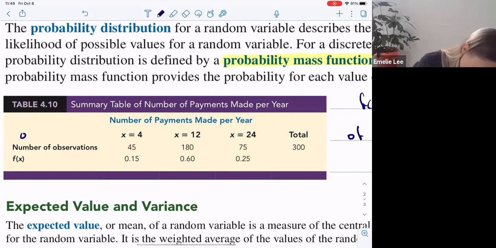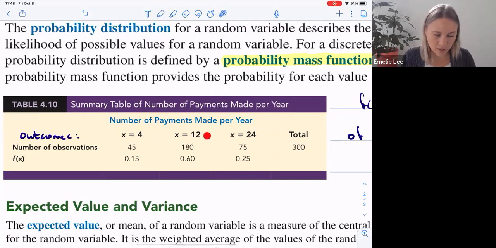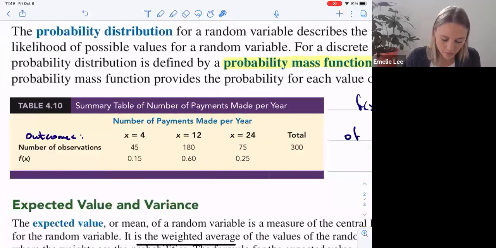So here we have our outcome. X can be 4, X can be 12, and X can be 24, and we've got the number of observations. Usually we skip that line and we just have f of x, which is the probability of each of these categories, or outcomes, happening.